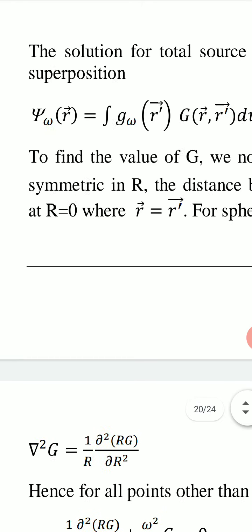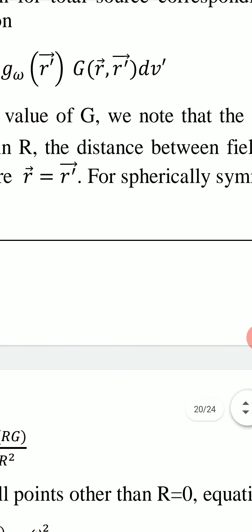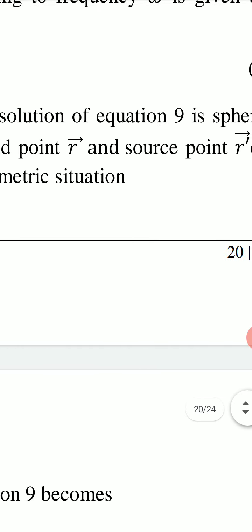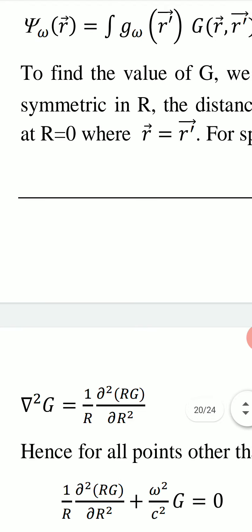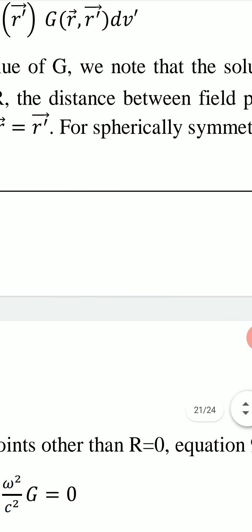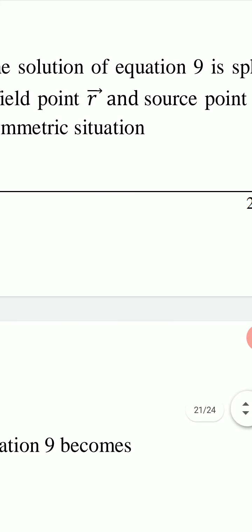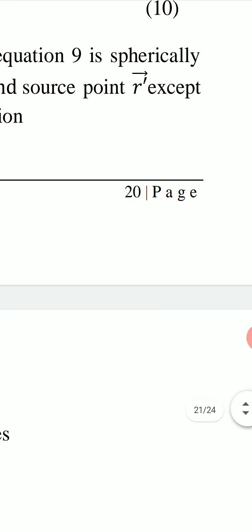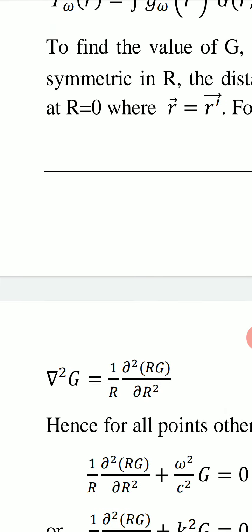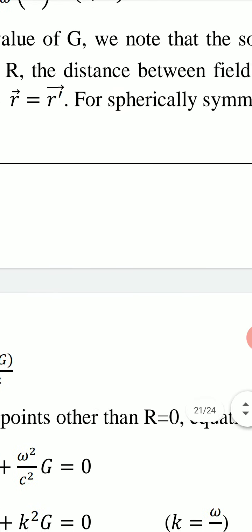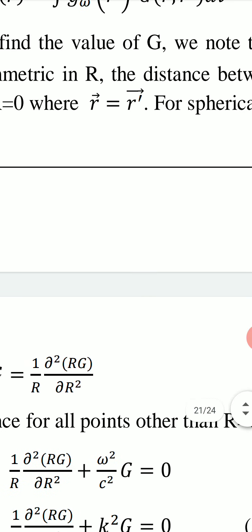To find the value of G, the Green function, we note that the solution of equation 9 is spherically symmetric in capital R. Capital R is R minus R dash, the distance between field point r vector and source point r dash vector, except at R equal to 0 where r equal to r dash.